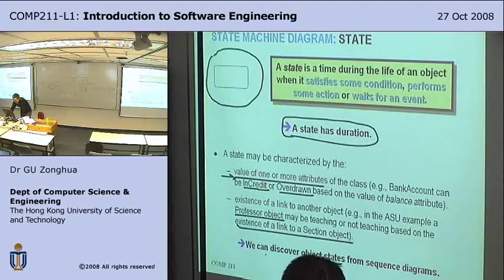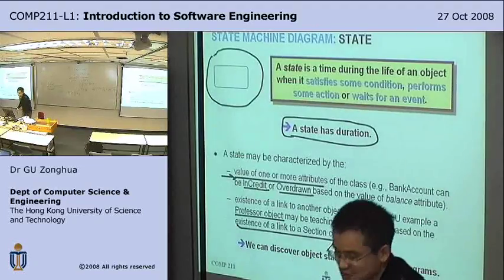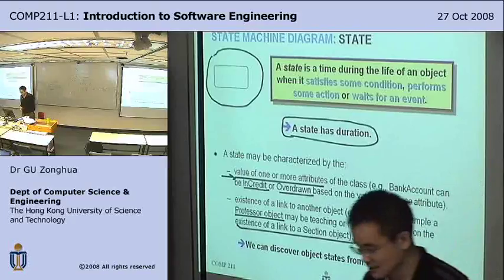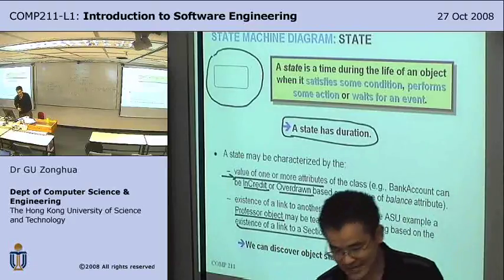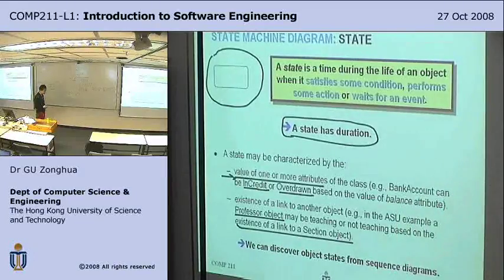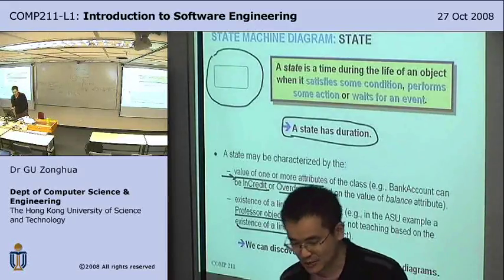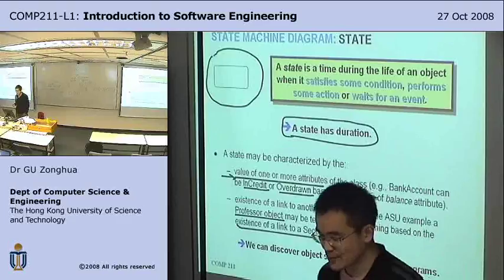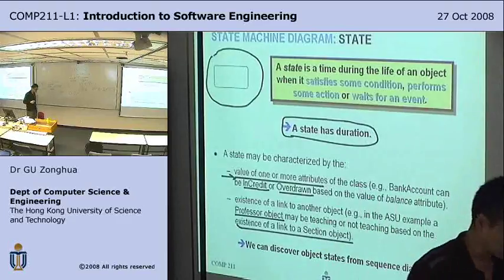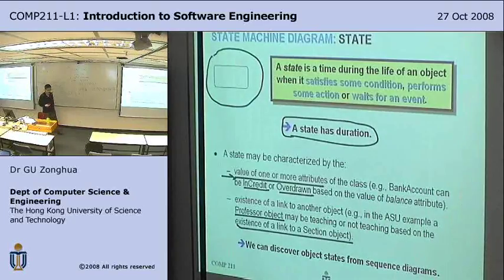So we can discover object states from sequence diagrams. Typically, when you receive or send a message, it indicates a state change of the object, but not always. Sometimes a message only invokes some actions, but does not cause a state change.